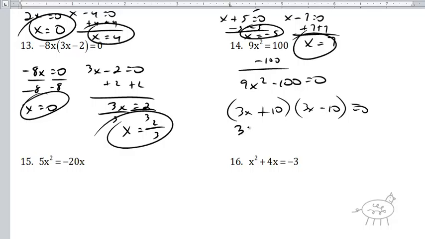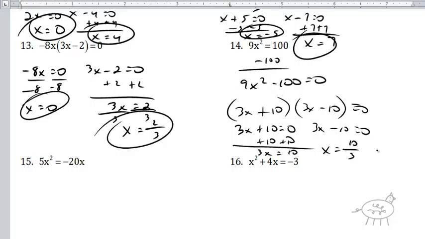Okay, so 3x plus 10 equals 0, and 3x minus 10 equals 0. Add 10, so 3x equals 10, and then divide by 3, so x comes out to be 10 thirds. Or this is negative 10 thirds, sorry, and this one is 10 thirds.